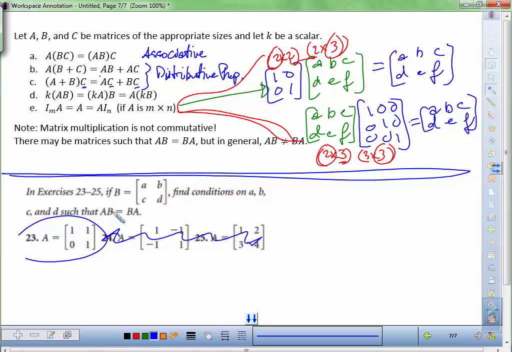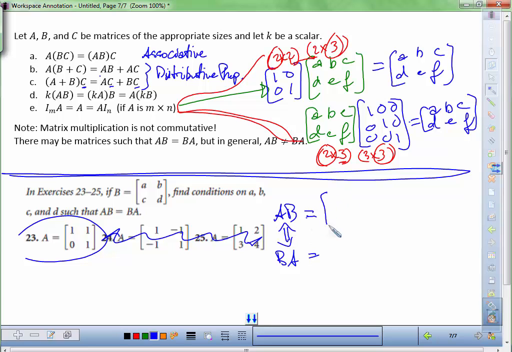So this is A, and then B is A, B, C, D. Find conditions on these numbers so that we have a matrix that commutes. So what we need to do is we need to consider AB and BA and show that somehow they're going to be equal to each other.